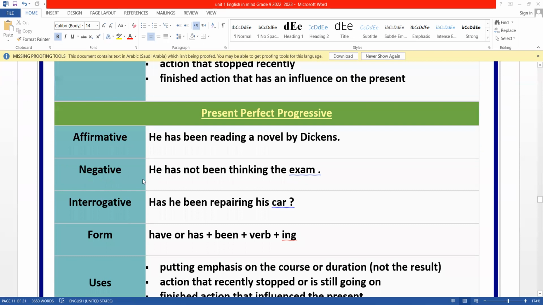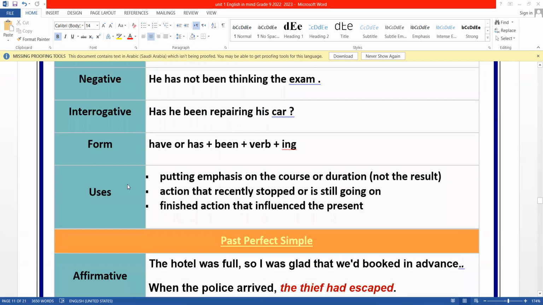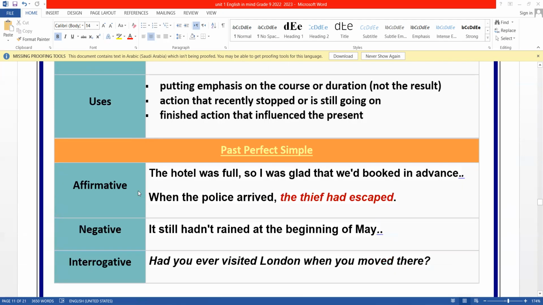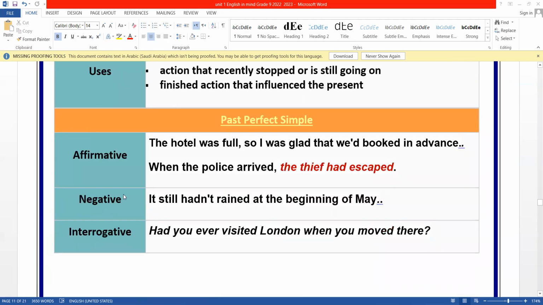We use the present perfect progressive when we are putting emphasis on the course or duration, not the result, or for an action that recently stopped or is still going on, or for finished actions that influence the present.